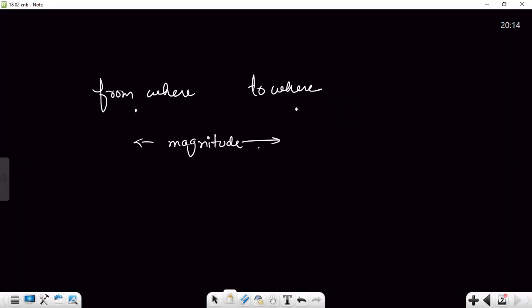So a vector tells us two things. The points that we are going to consider are from where to where and how much do we have to travel in that particular direction. Okay. So a vector has two elements in it, direction and the magnitude.